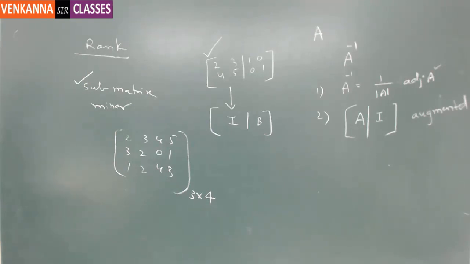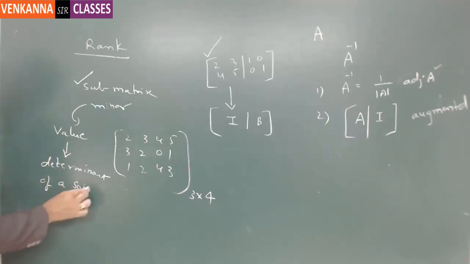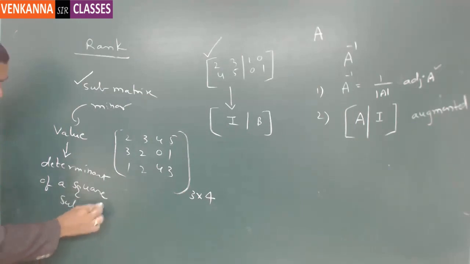Right. Now, a minor is nothing but a value which is the determinant of a square submatrix. So while choosing the submatrices, you can have rectangular submatrices as well as square submatrices.